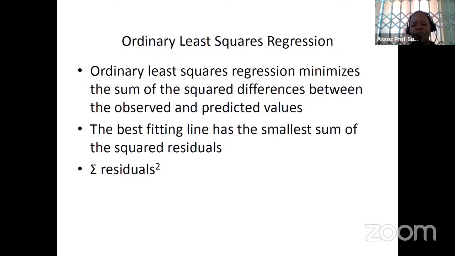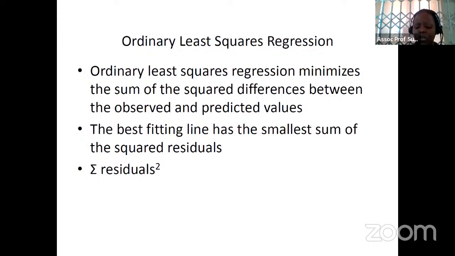So the method of ordinary least squares regression minimizes the sum of squared differences between the observed and predicted values. So if we square our residuals and then differentiate that particular equation, we are able to come up with equations to compute our slope and intercept.